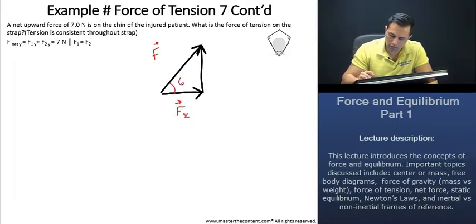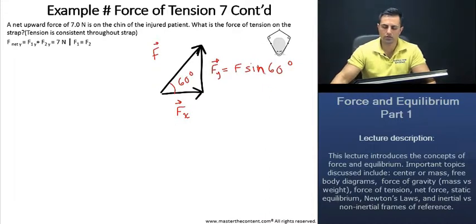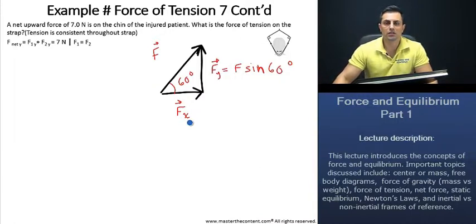We also know that this angle here is 60 degrees, so the y component for the force, we can write as F sine 60 degrees, and there we go. That's from our trigonometry review. Now, if any of what I'm encircling here seems foreign to you, I would recommend that you pause the lecture here, go back to the trigonometry review that we covered in the translational motion lectures, and then come back. It'll make a lot of sense then. The review isn't too long.